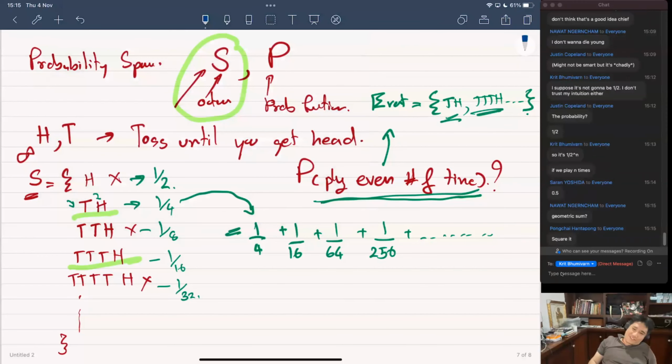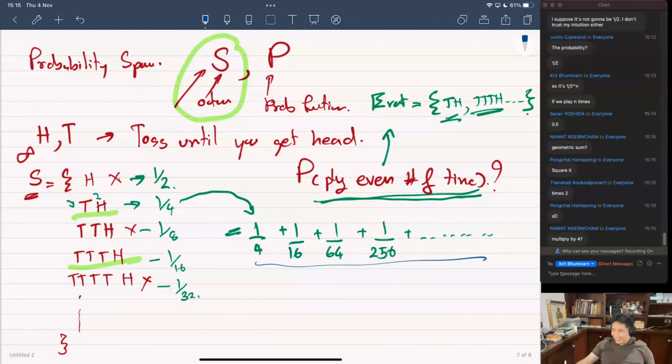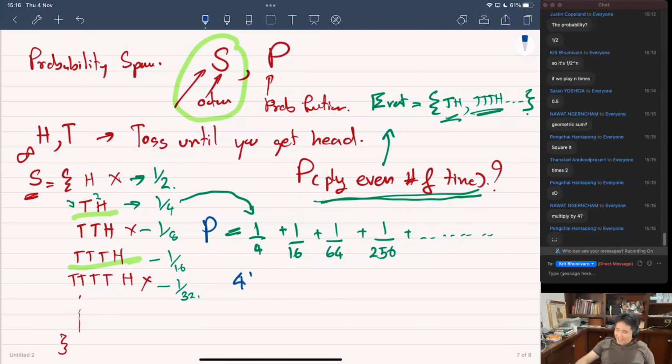No, not square it. On the right side you have an infinite number of terms; if you square it, you get an infinite square number of terms. Good, so you set it equal to p, and then 4p is going to be 1/4 plus 1/16 plus 1/64 plus dot dot dot.